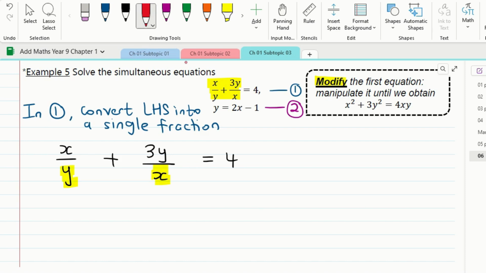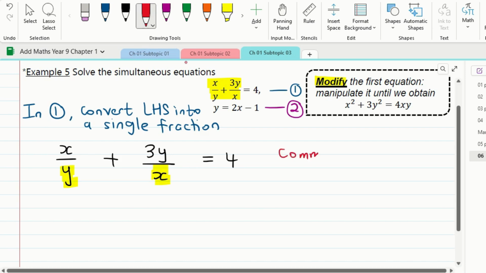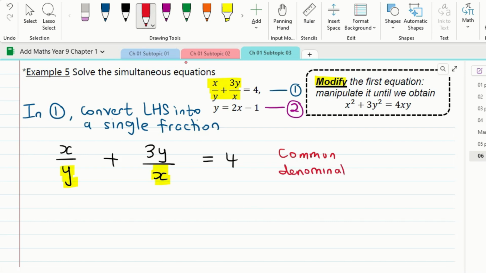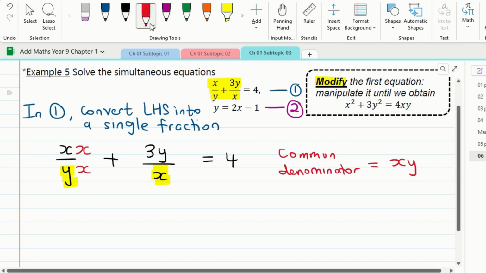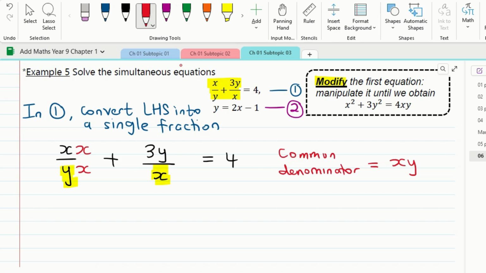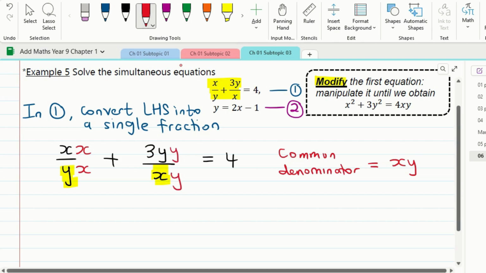For you to take note, the common denominator is going to be xy, which means x times y or y times x. So the first fraction, to make it xy, you have to multiply this with x. And as for the second fraction, you have to multiply this with y.